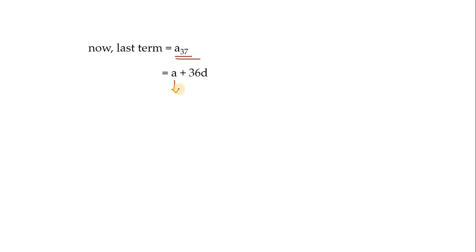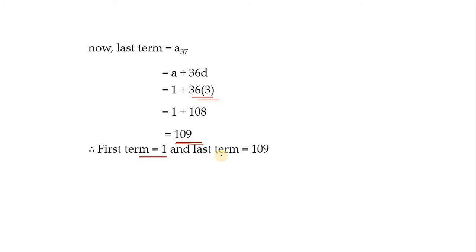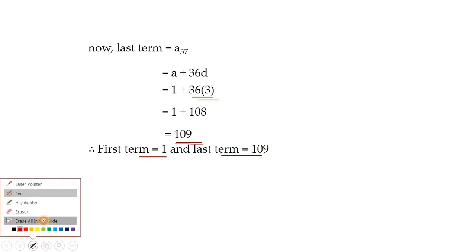So in the place of A write 1, and in the place of D you write 3. Now simplify this. So 36 3s we will get 108. So 1 plus 108 gives 109. Therefore the first term is 1 and the last term is 109. This is the way of solving this problem, children.